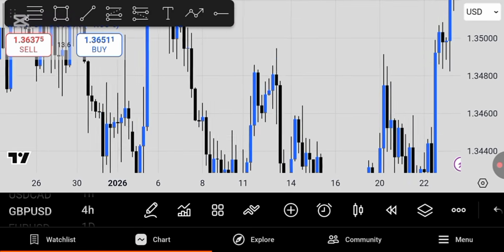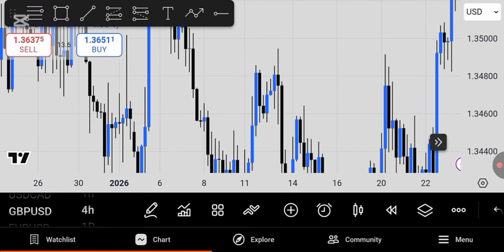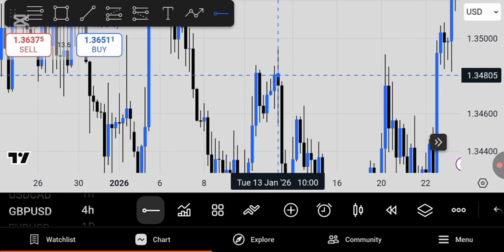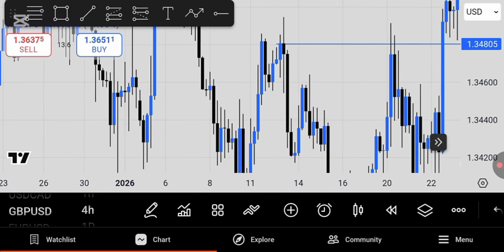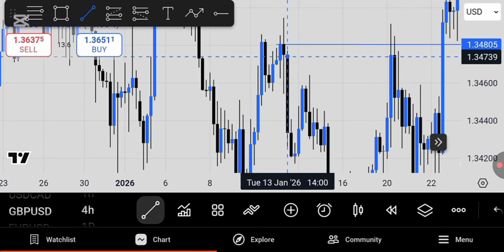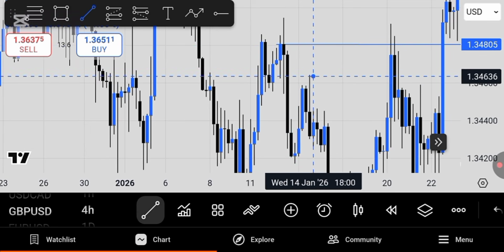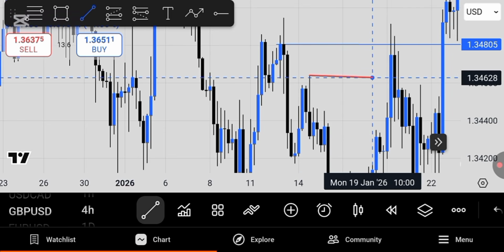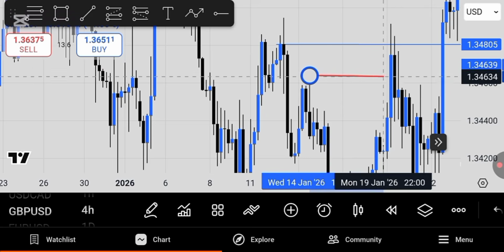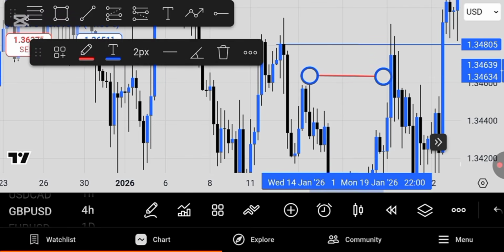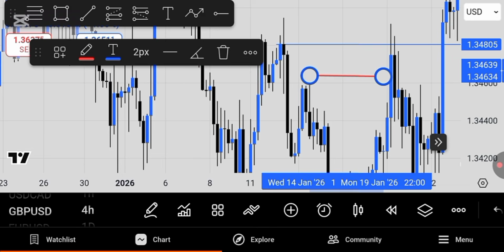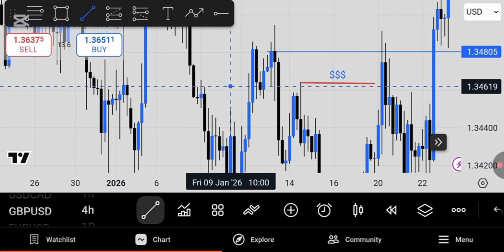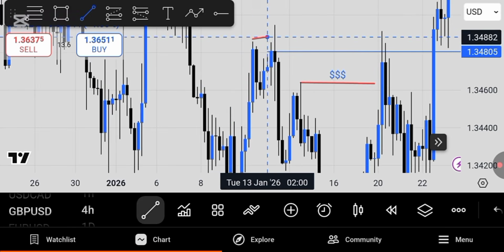From here, we can see that we had an apex level right here. And we have liquidity, first pullback. So we have our liquidity right here. We had our liquidity right here. And we also had a sweep of liquidity right here.